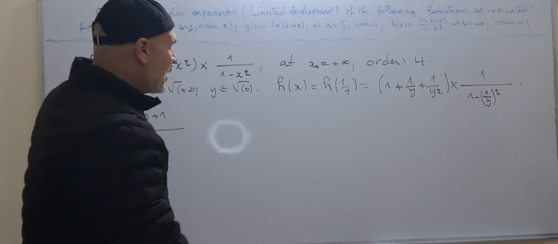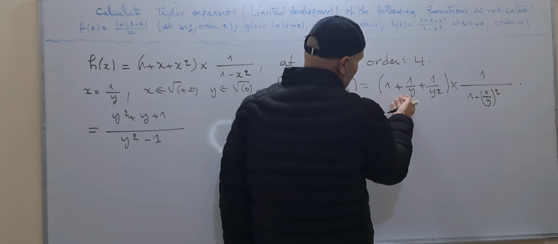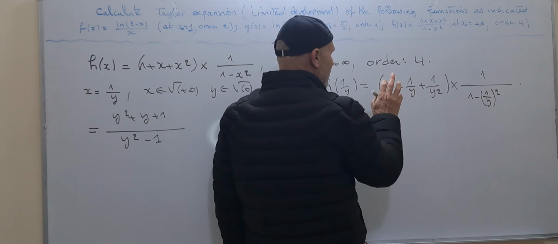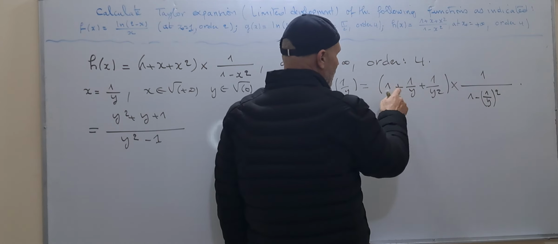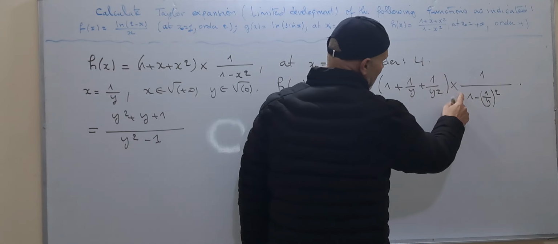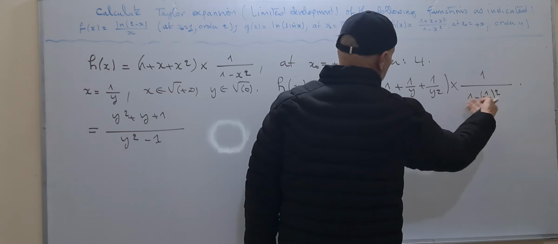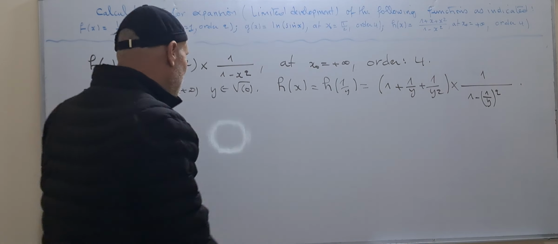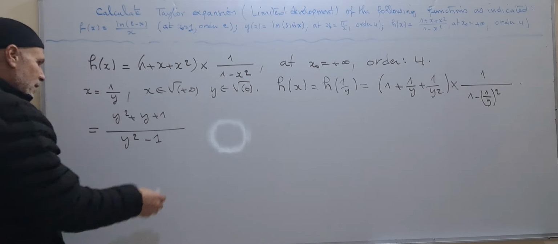What I did, I unified the denominator. So here we get y squared, y and 1, and here we get y squared minus 1. Y squared will be cancelled with y squared, and we get this one.